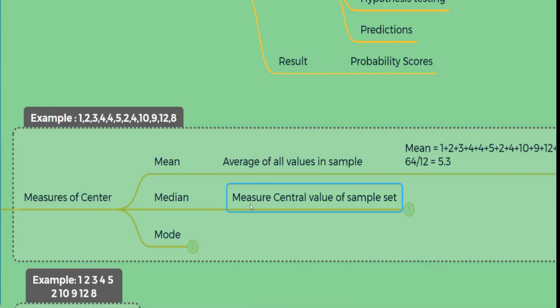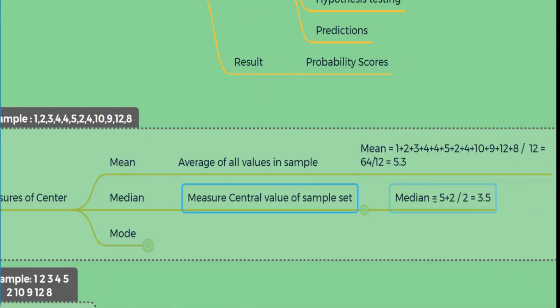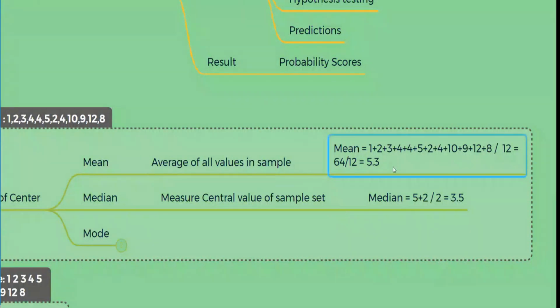The median is the measure of the center value of the sample set. In our sample set, 5 and 2 are the middle values, so 5 plus 2 divided by 2 is equal to 3.5. So 5.3 is the mean value and 3.5 is the median value.